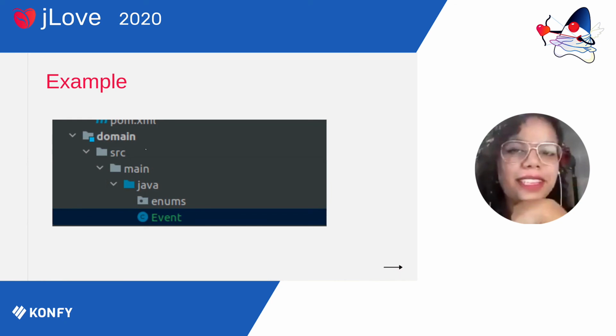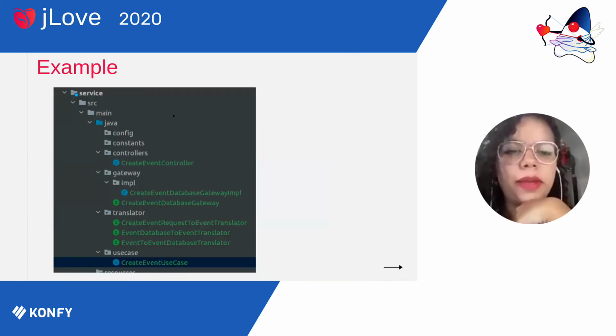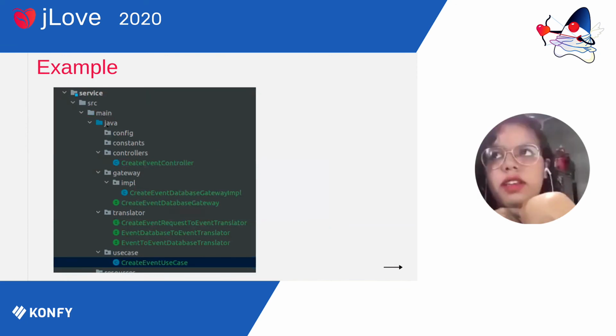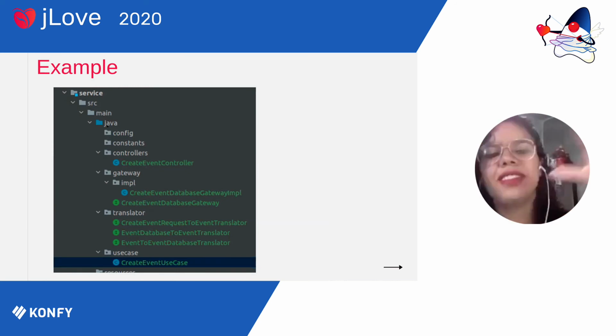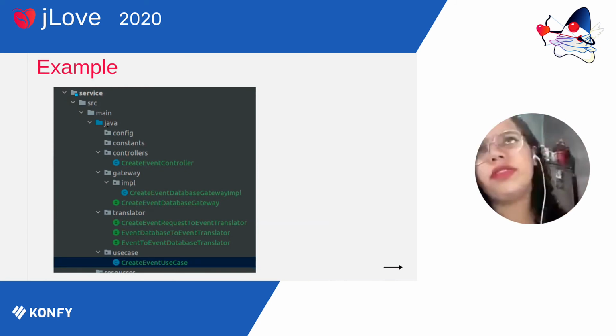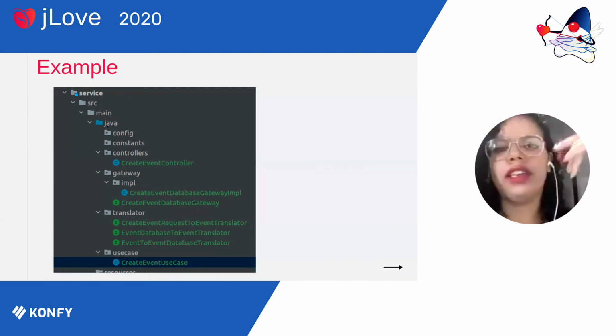In the service layer, we have more information. We have the config package. In the config package, we can have database configuration and cloud configuration. If you use Config Server from Spring Cloud, it will not exist. But in this case, we have database configuration, cloud configuration, and external configuration like web client or other request configuration.